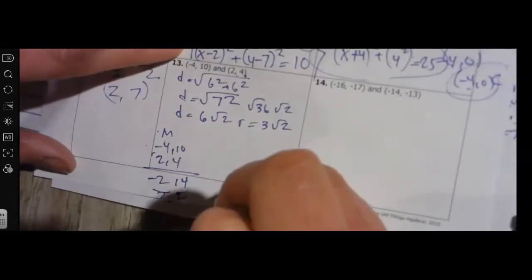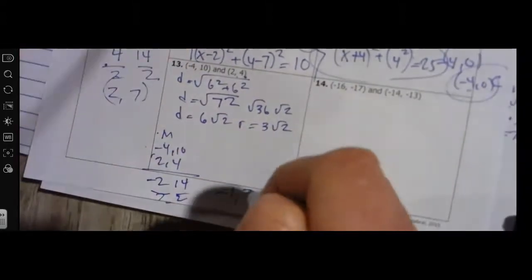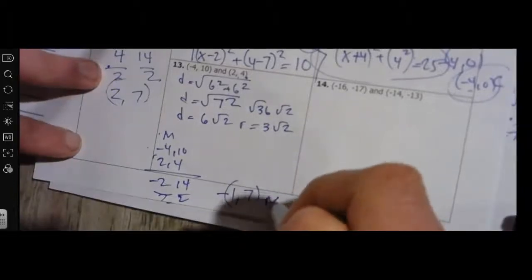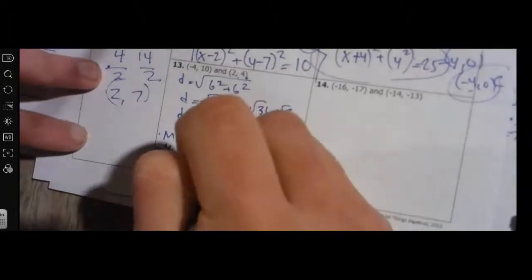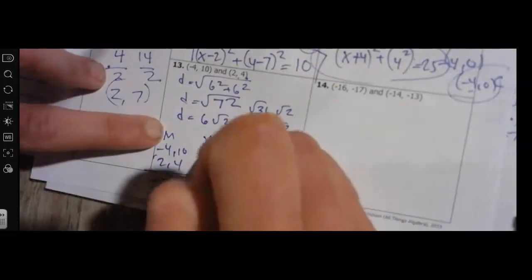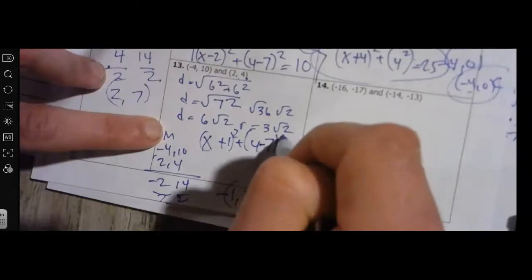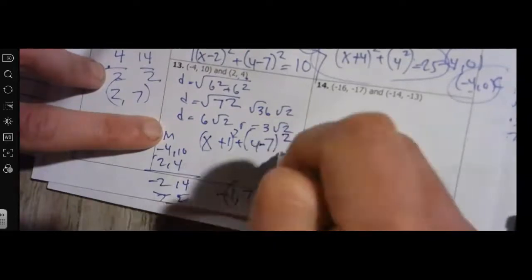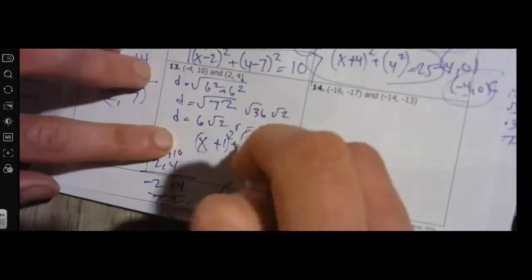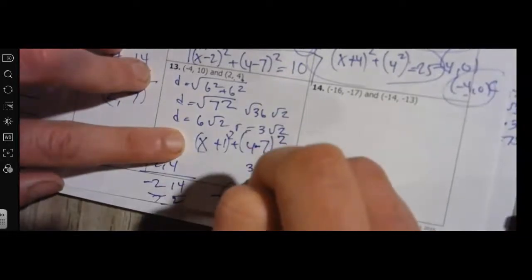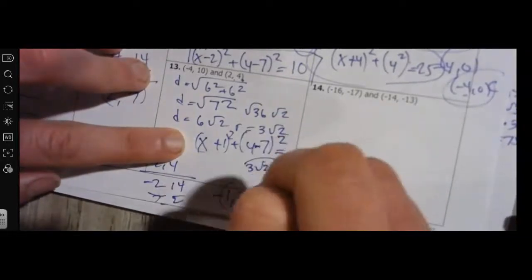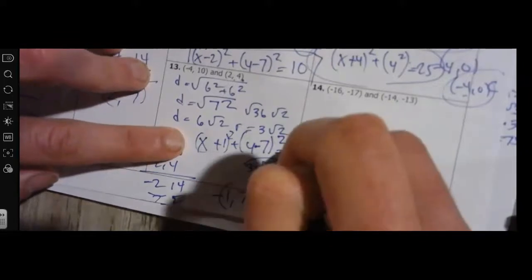That's going to add to -2, and that's going to add to 14. Divide by 2, divide by 2, and you're going to get -1 comma 7. So -1 comma 7 is our center. So we're going to have x plus 1 squared plus y minus 7 squared is equal to 3 root 2 times 3 root 2. This is 9 times 2, so it's 18. So this is going to equal 18.